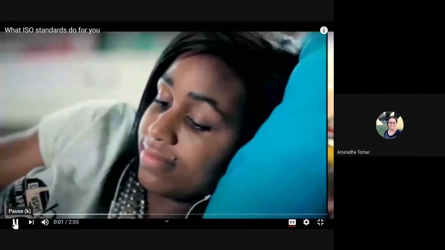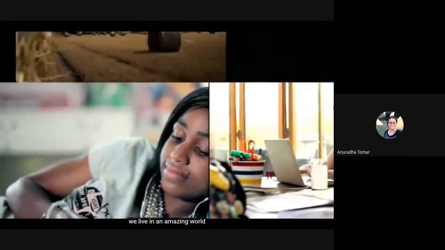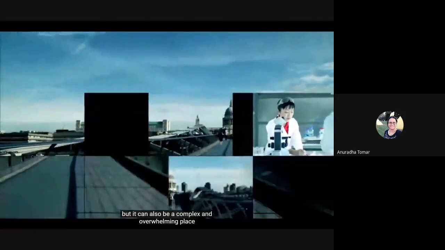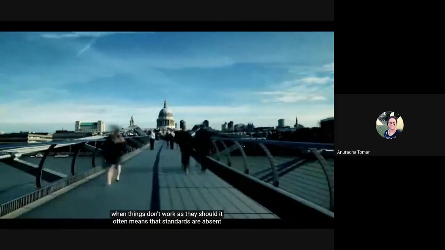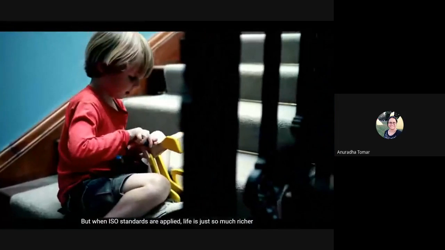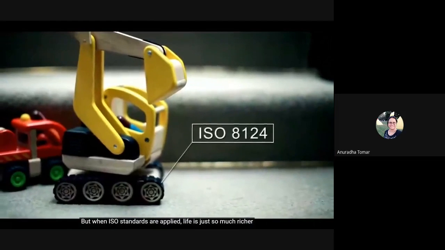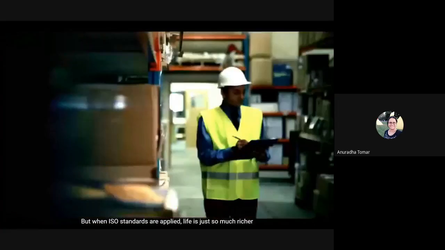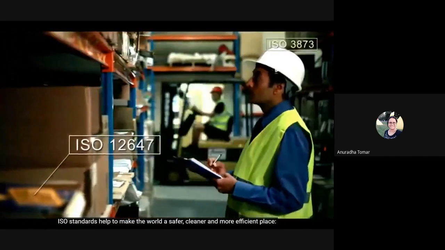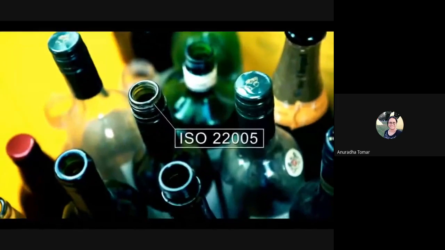We live in an amazing world, full of incredible opportunities and endless possibilities. But it can also be a complex and overwhelming place. When things don't work as they should, it often means that standards are absent. But when ISO standards are applied, life is just so much richer. ISO standards help to make the world a safer, cleaner, and more efficient place.